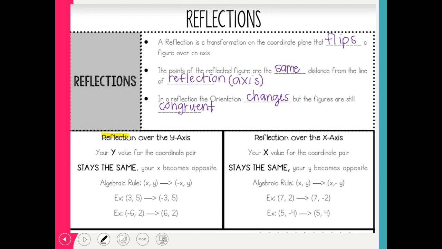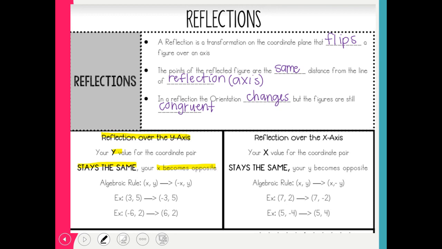So reflection over the y-axis, your y value stays the same. Then your x becomes opposite. What does that mean? What does opposite mean? Tatum? It means like it's different from the others.